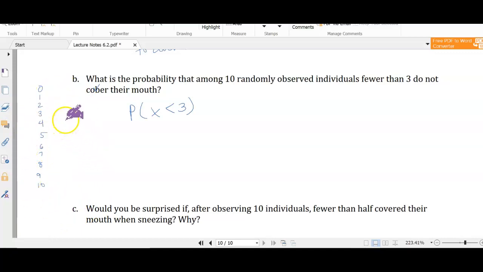So we want fewer than 3. And I actually recommend that you draw this little number line because it will help you to figure out how you can use the binomial CDF. So I want fewer than 3, and that's the same thing as probability that you have 2 or fewer.